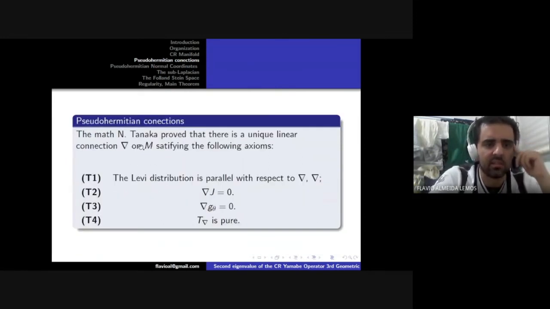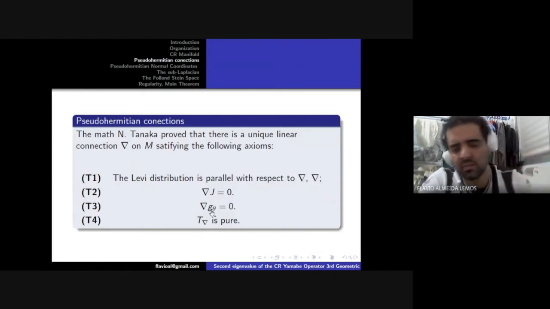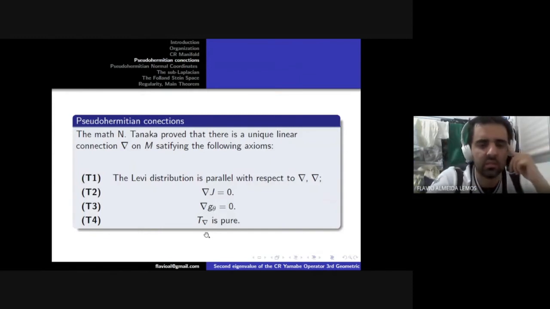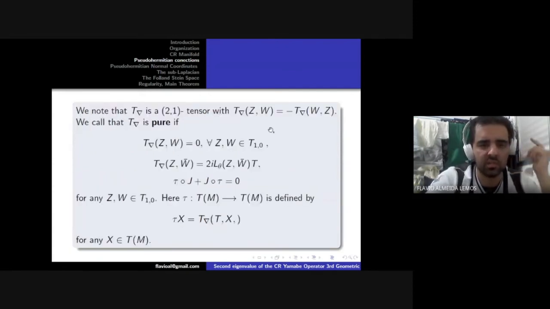Tanaka proved that there exists a unique linear connection on M satisfying the following axioms. The Levi distribution is parallel with respect to this connection, the complex structure is parallel, the metric is parallel, and the torsion term is pure and satisfies these properties.